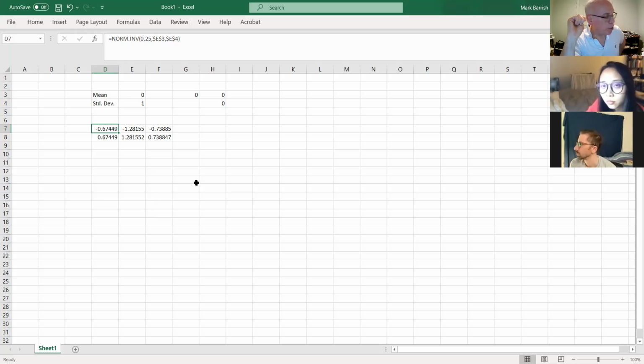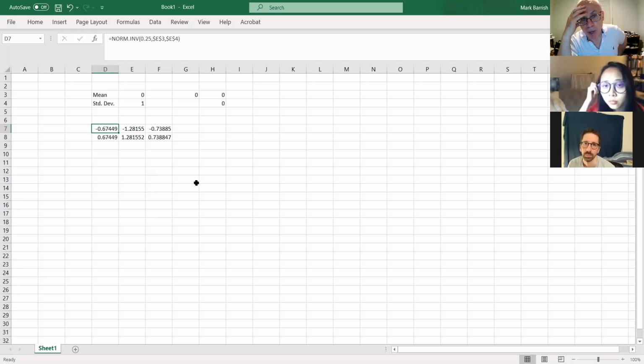The last one is the 23rd percentile and the 77th percentile. So the 77th percentile has 23% to its right. That's why those numbers are opposites of each other in terms of sign. They're the same number, but opposites. Okay?